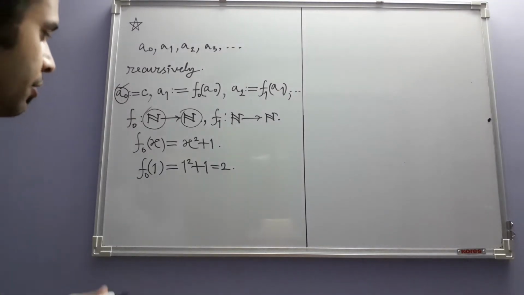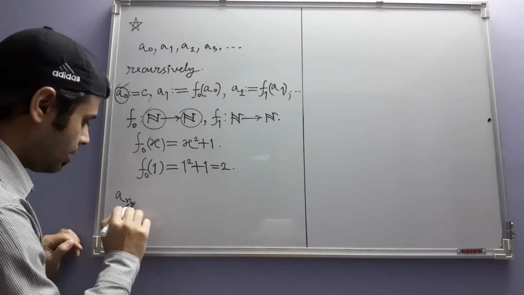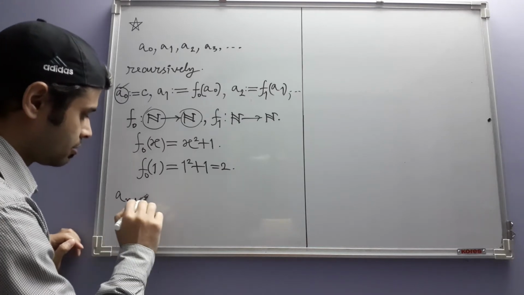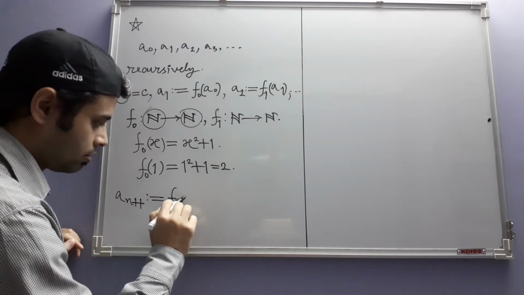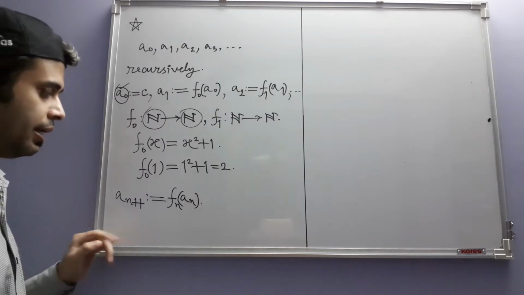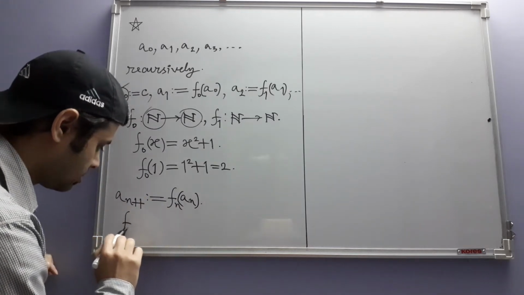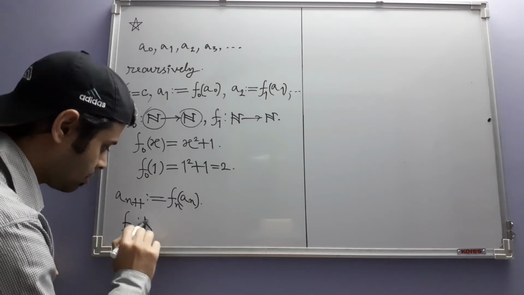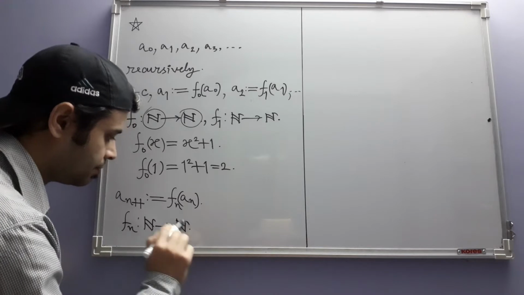In general, we will define a(n+1) to be the functional value of an, where the function is fn, where again fn is some function from N into N. These functions are given, okay.